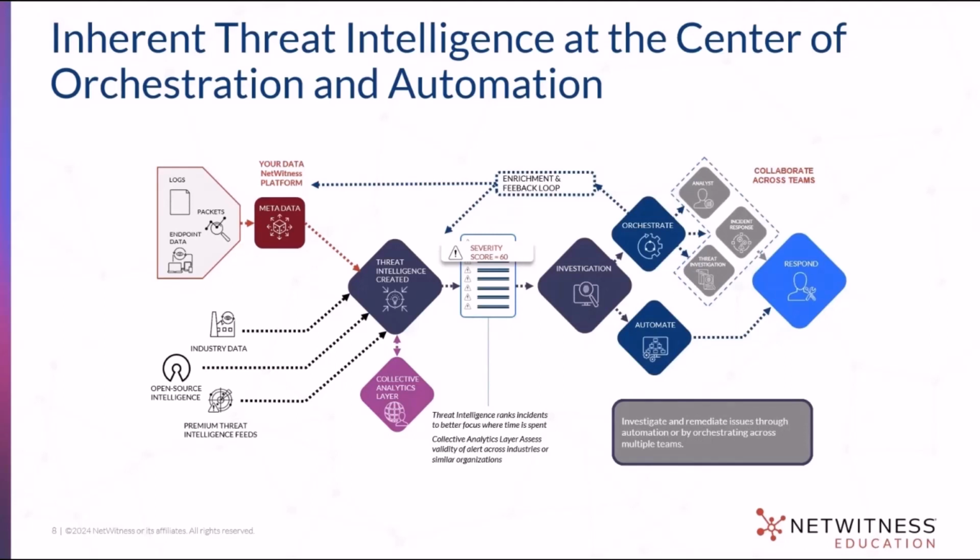The first path is automation, which, without any human interference, is going to be automated totally through the playbooks that have been configured on Orchestrator. And the other path is orchestrate, which uses human involvement, using many teams like the analyst, incident response team, and threat investigations. All those teams, while they're cooperating, are going to reach the right decision at the end.